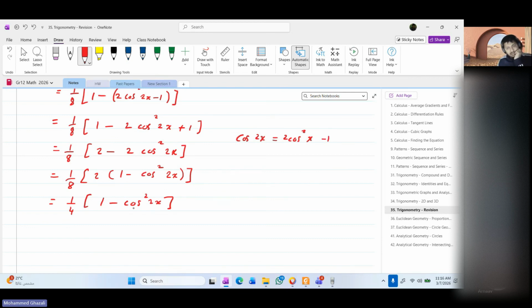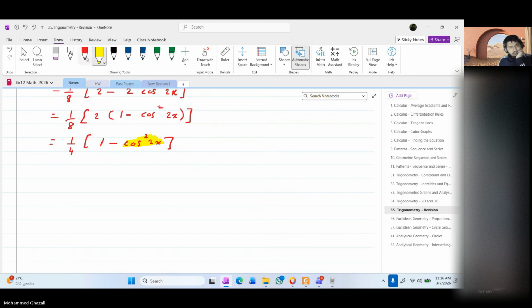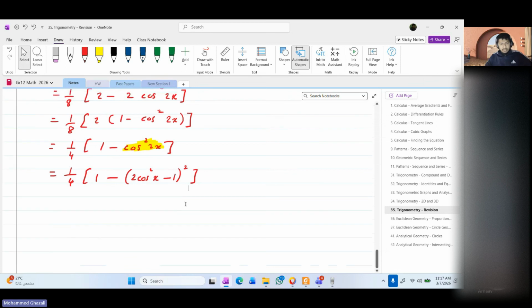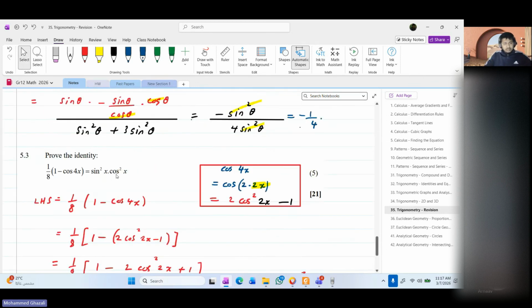So now you must take this and replace it in cos 2x. Cos 2x is 2 cos squared x minus 1. That's 1 minus 2 cos squared x minus 1. But now how will that end up being sine squared x times cos squared x?